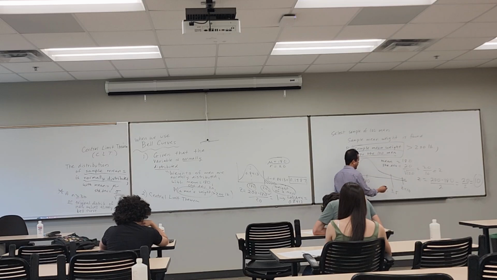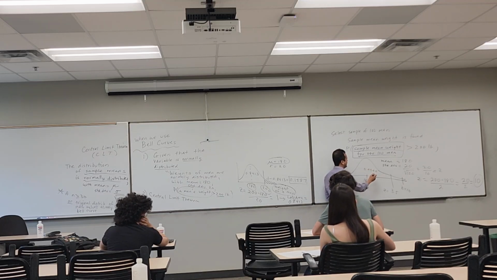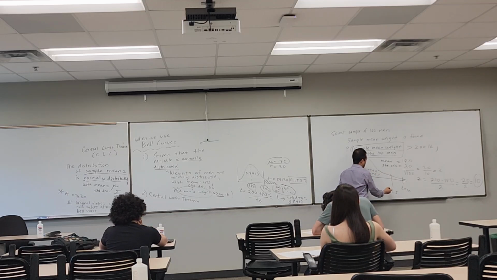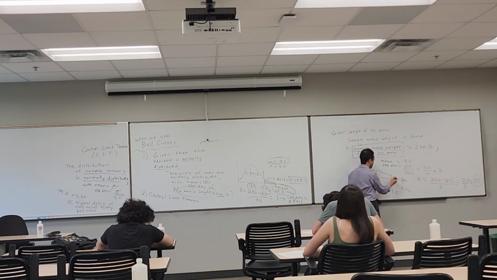So out of z-score of 3.5, what left area does the table give you? Yeah, very good. 0.9999, which is 99.99%. So that's the total left area. And so what would the area to the right be?